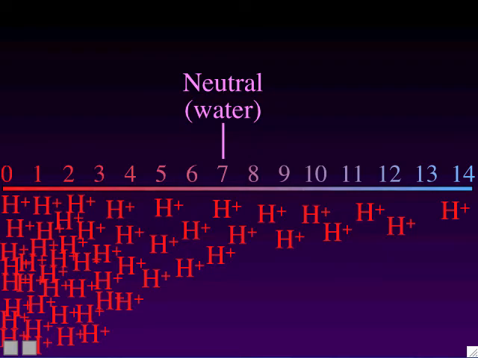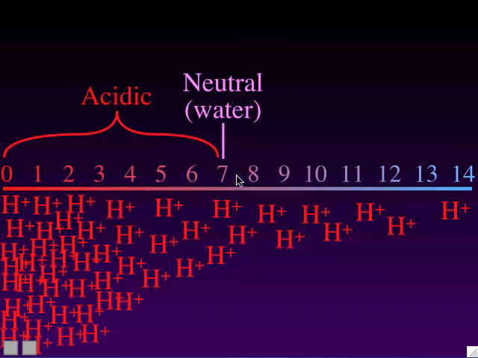Okay, so any solution that has a pH number less than 7 is called an acidic solution. And so, it may be 6.9, that's an acidic solution, or 6.3, or 5.8, or 5, or 4, or 3.2, or 1, or 0.7. Any pH number below 7 is an acidic pH number, or any solution that has a pH below 7 is an acidic solution.